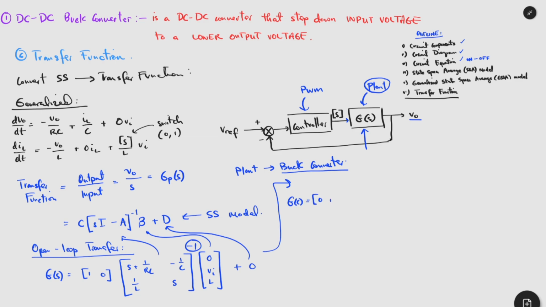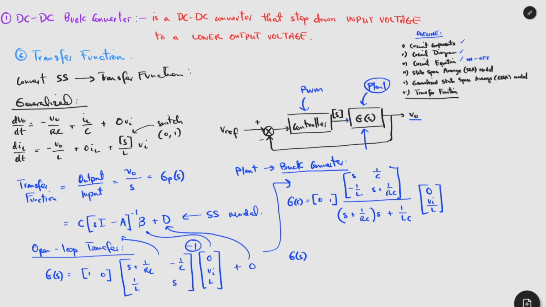Now since we have the inverse here, we have G of s is equal to 0, 1. Now we have s, 1 on C, minus 1 on L and s plus 1 on RC, and it is now divisible by s plus 1 on RC, s plus 1 on LC, and now multiplied by 0 vi over L, where vi is nothing but the input.